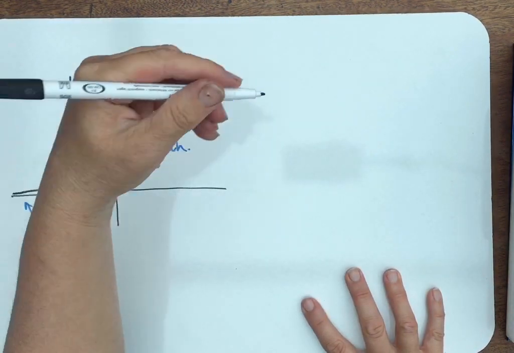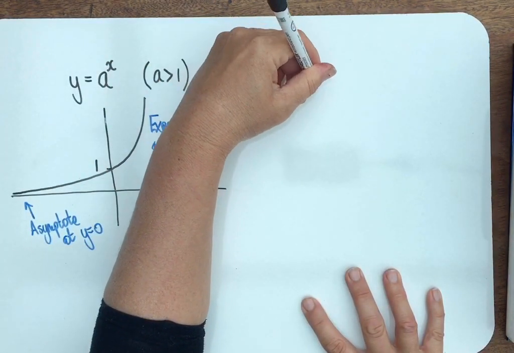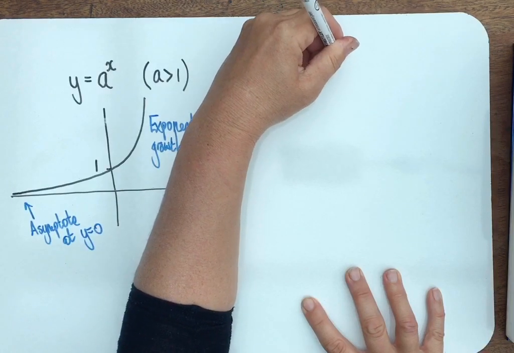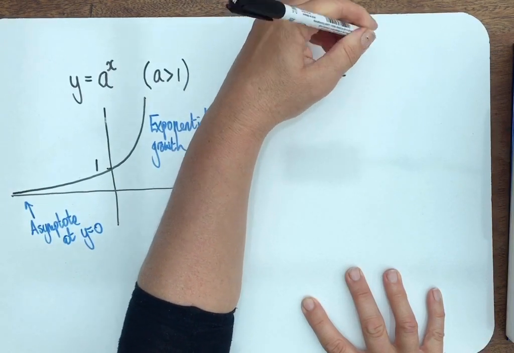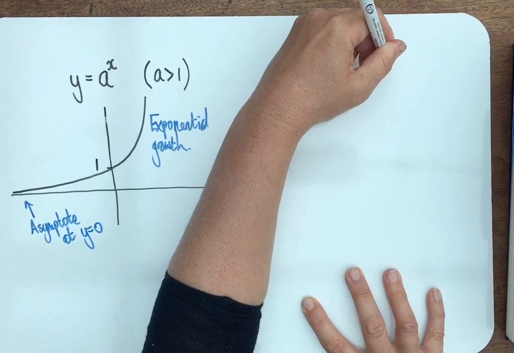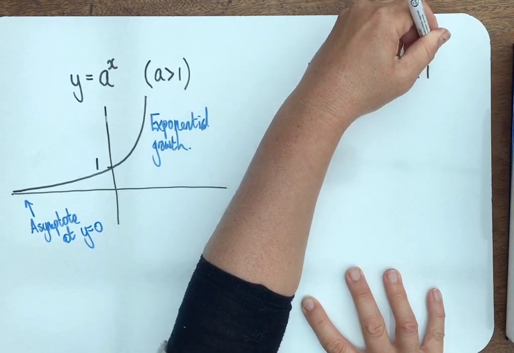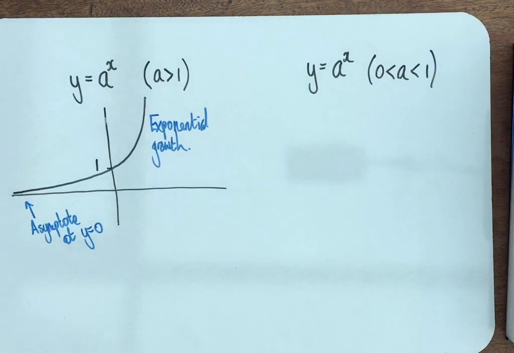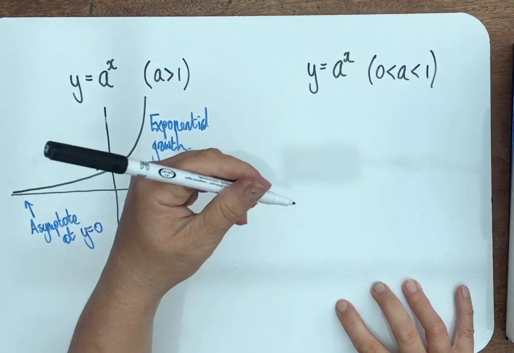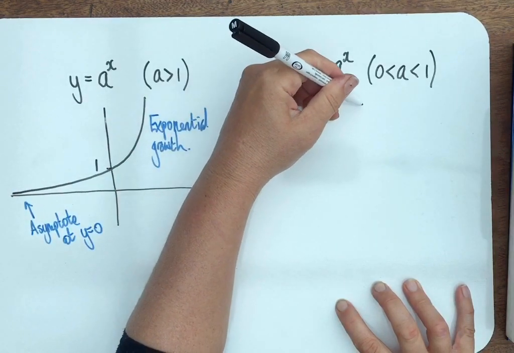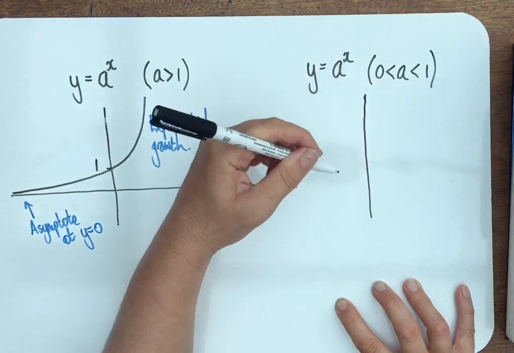If, on the other hand, you've got y equals a to the x, and a is between 0 and 1, obviously if a is 1, we've just got a straight line, and if a is 0, we've just got y equals 0, which is a straight line. Then this is going to give you exponential decay.